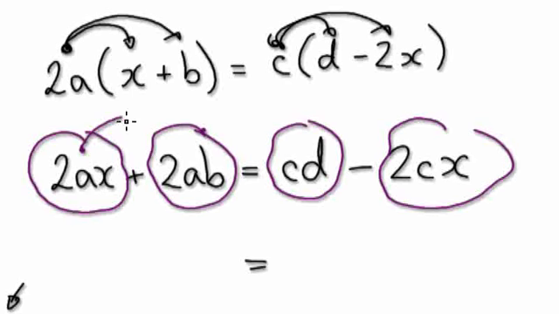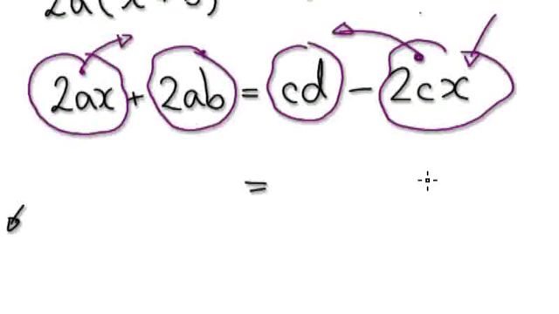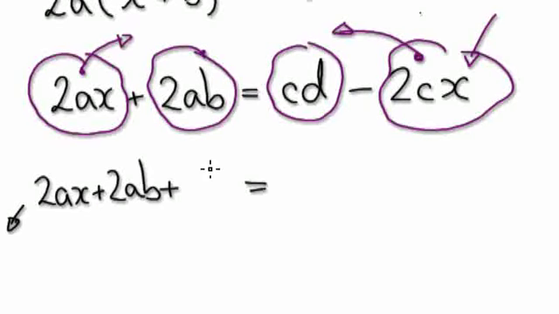Rather than getting this moving across, I'm going to get this bubble and add it to both sides. Okay, I'm going to add this bubble to both sides. So add 2cx to both sides. So on this side will be 2ax plus 2ab plus, remember we're adding 2cx to both sides.